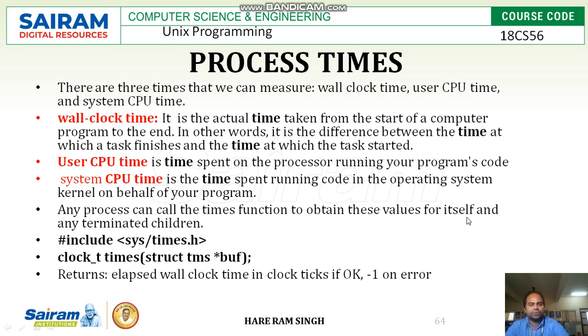Any process can call the times function to obtain these values for itself and any terminated children. So how can we find out these times? We can call the function clock_t times(struct tms *buffer), with #include <sys/times.h>, and it returns the elapsed wall clock time in clock ticks if OK, -1 on error.